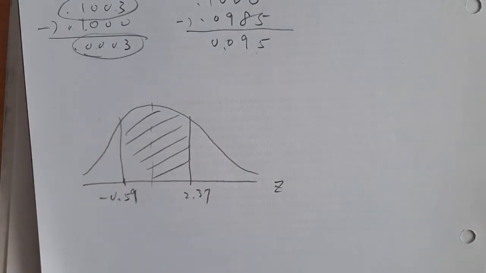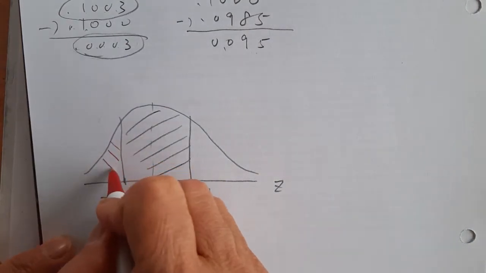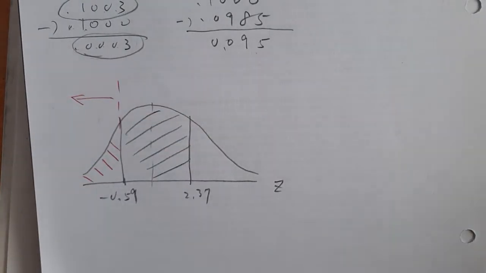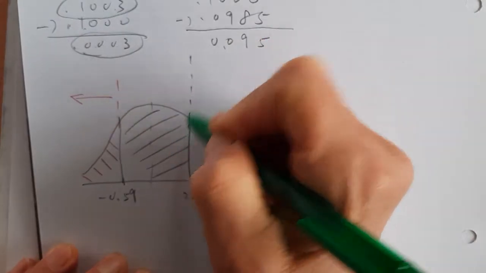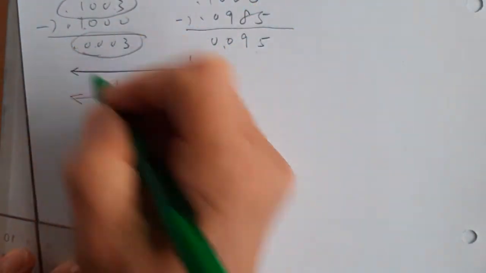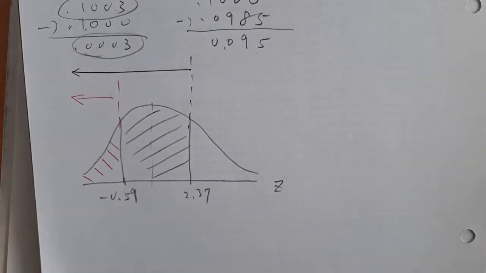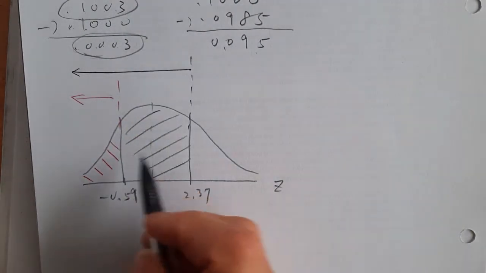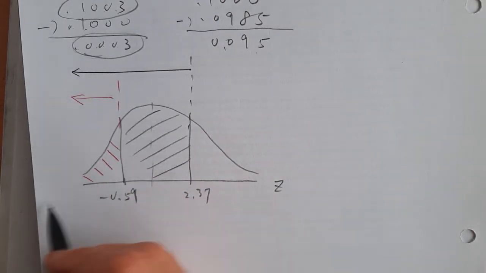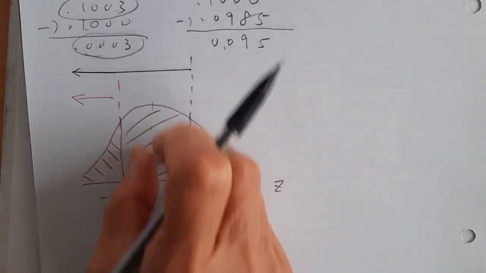You can use the table to find this area, and also this area, because the table gives the area to the left of the z-score. Subtracting the entire area to the left of one from the entire area to the left of the other gives this area.